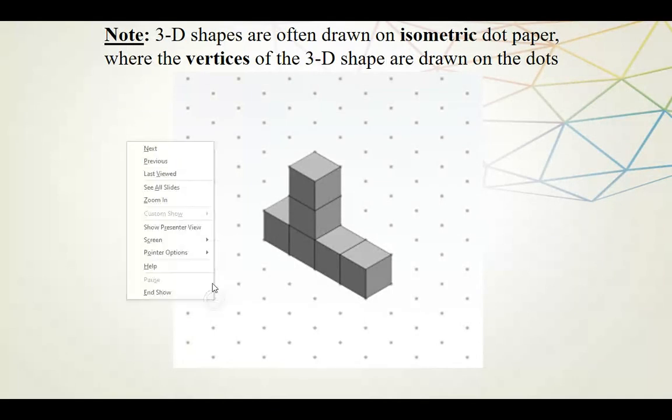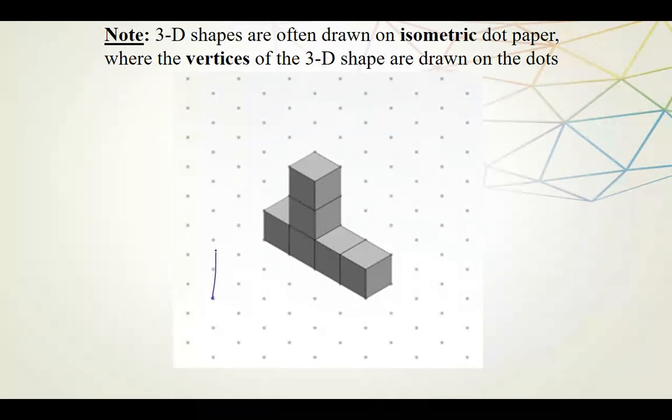If you take one of these dots right here and you go straight up, this shows you the height of the three-dimensional object. If you go down and towards the right, this shows you what the length is. If you go up and towards the right along the dots, this shows you what the width of the three-dimensional object is.